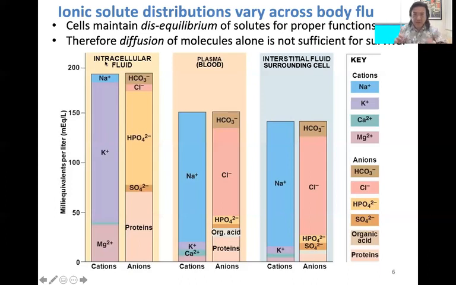So all of the fluid inside of your cells you can think of as one functional compartment of your body. Then you would have the fluid that's immediately surrounding the cells as they are part of tissues. This would be the interstitial fluid, in other words, the fluid that's just between the cells that make up your tissues. And then you have the fluid that's flowing through your circulatory system.